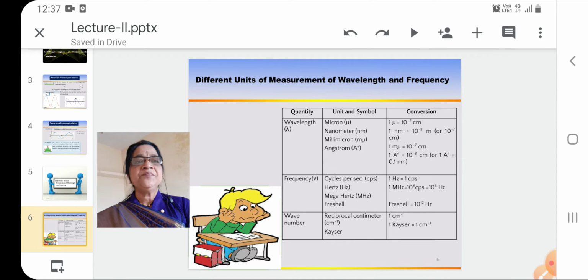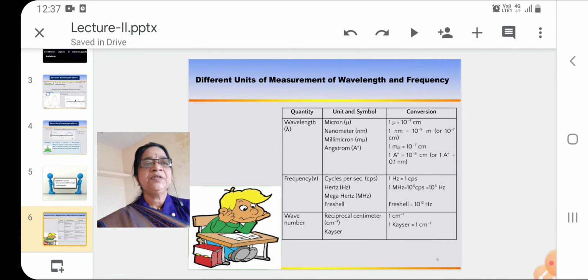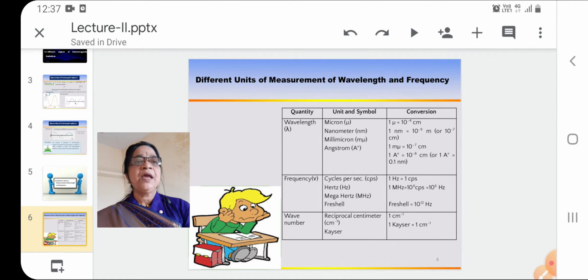The wavelength is measured in micron, nanometer, millimicron and angstrom.